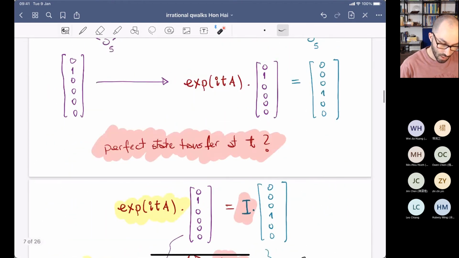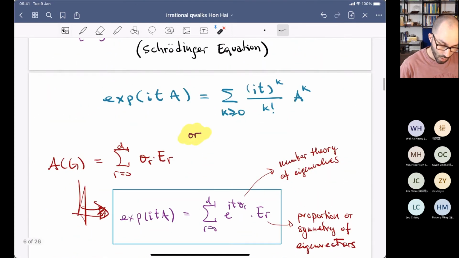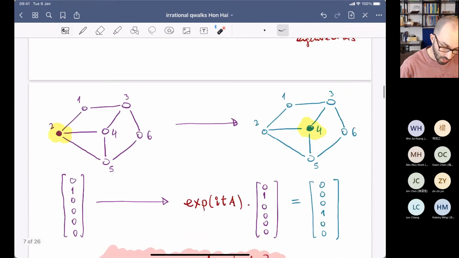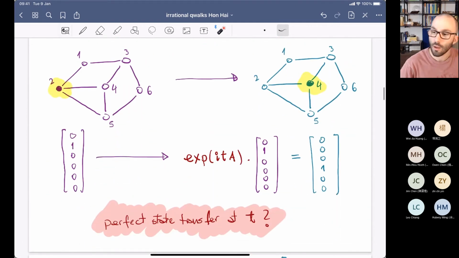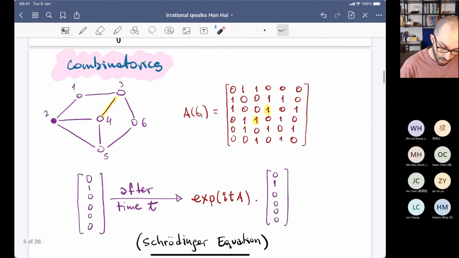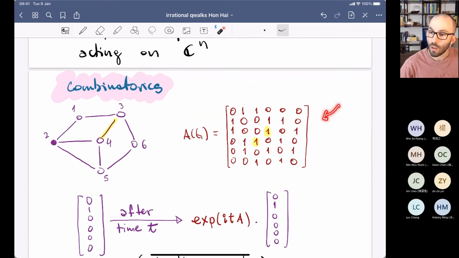So in this particular model, we are assuming that our graphs are undirected. So the adjacency matrix is going to be real symmetric, and therefore the eigenvectors are going to be real vectors. So all the projections are going to be real matrices. Okay? Okay, I see. Thank you.